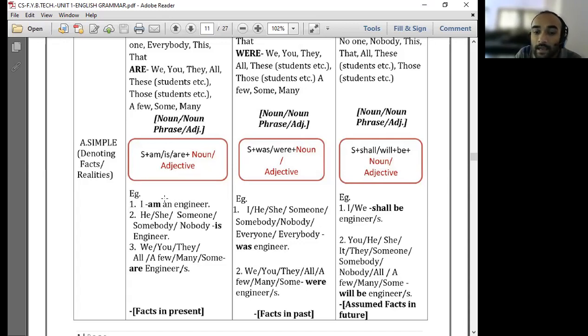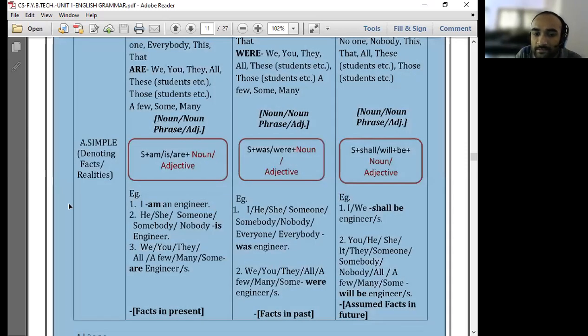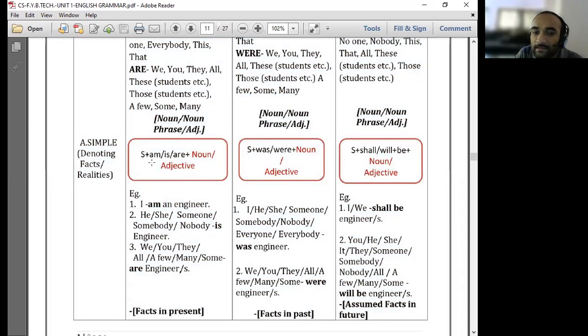I am an engineer. So here, engineer is the noun. So we have seen the structure: subject plus am or is or are plus noun or adjective, okay.